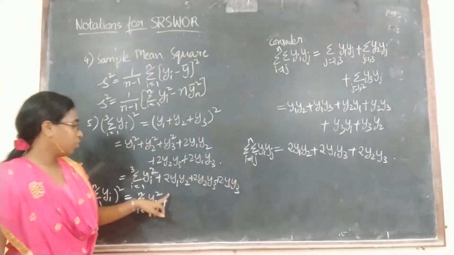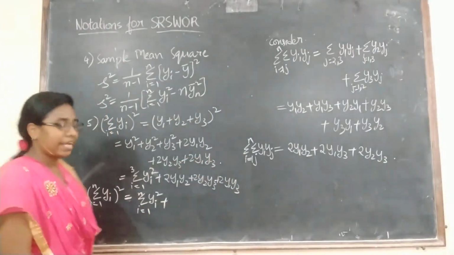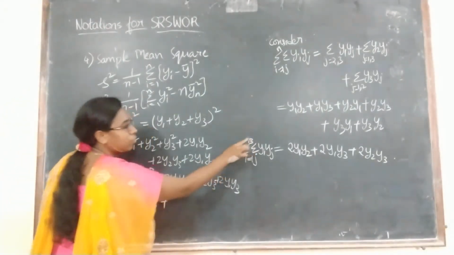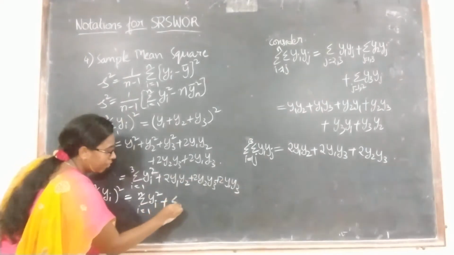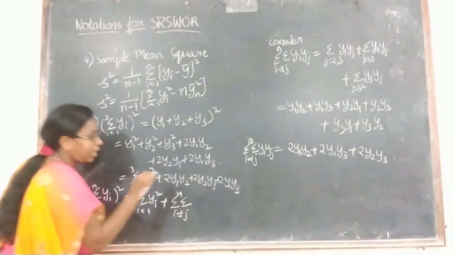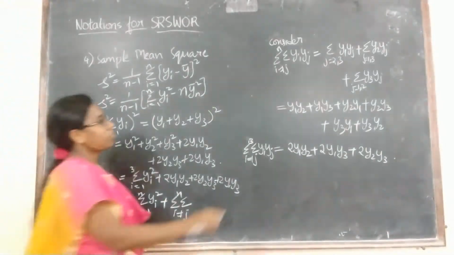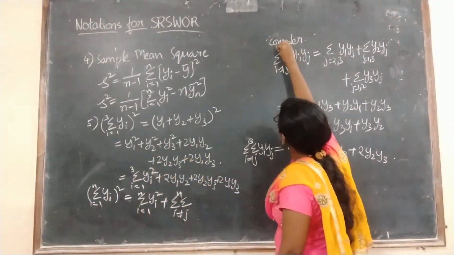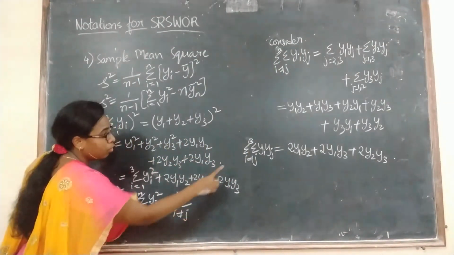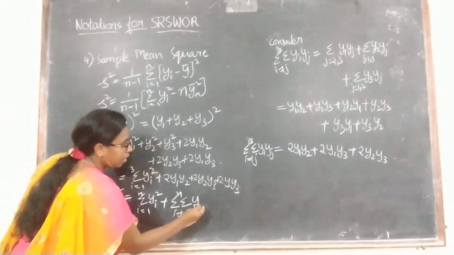In place of 2y1 y2, this term, I can write, if I take 3 values, I will get only 3. If I take up to n values, I will get n values. Summation i not equals to j up to n. So here I am taking only 3 values. If you consider n values, that can be written overall as up to n.